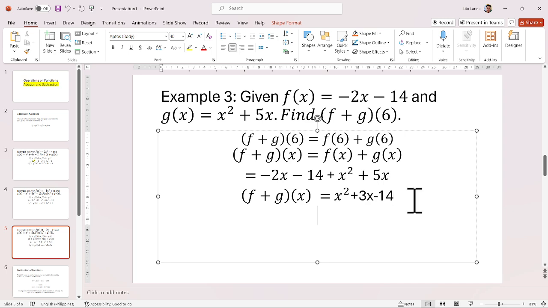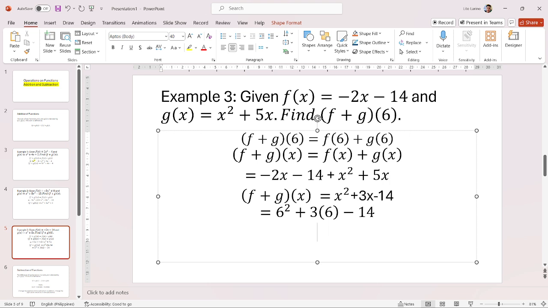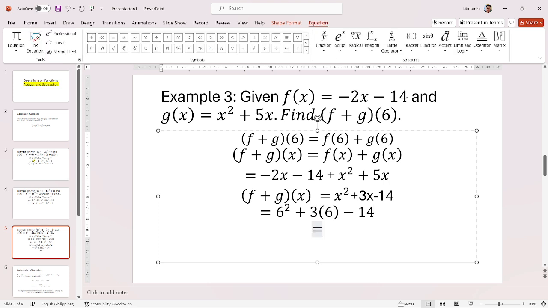Again, to evaluate, we simply substitute. So we have 6 squared, plus 3 times the value of x, which is 6 again, minus 14. Okay? And we have 6 squared is 36, plus 3 times 6 is 18, minus 14.